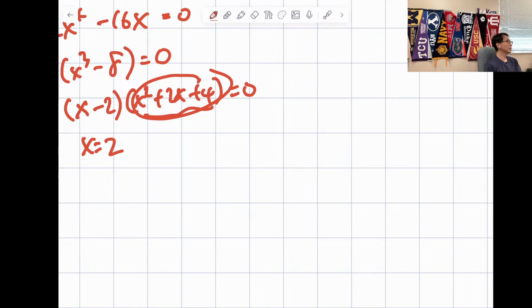Tasnia? No. Almost there. This girl, I don't know your name. What did she say? Negative b plus or minus square root of 4ac and then over 2a.